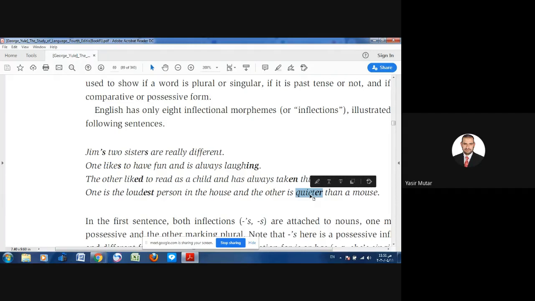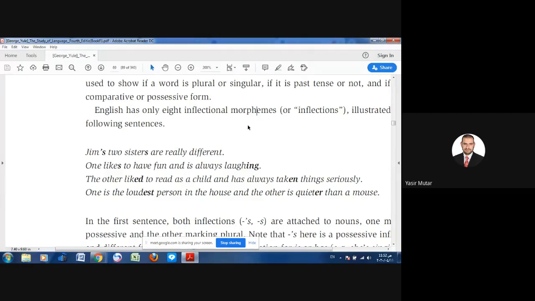So these are 1, 2, 3, 4, 5, 6, 7, 8. There are 8 inflectional morphemes in the English language only. We don't have any other inflectional morphemes.